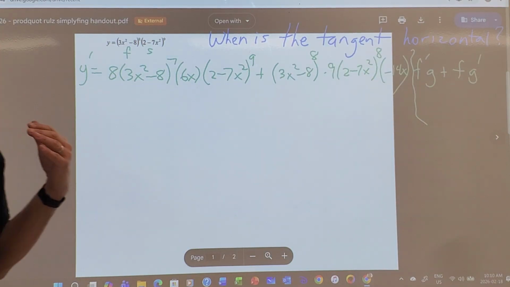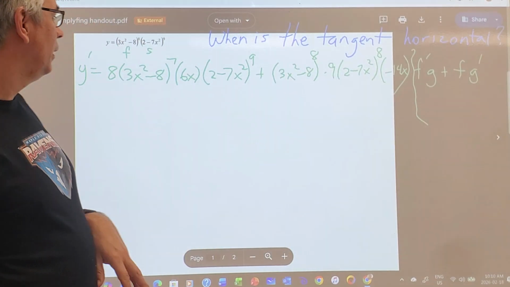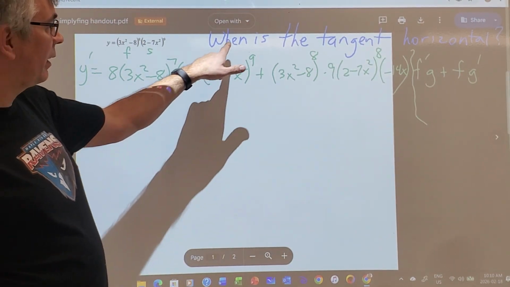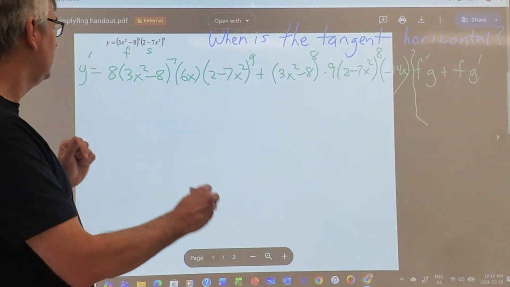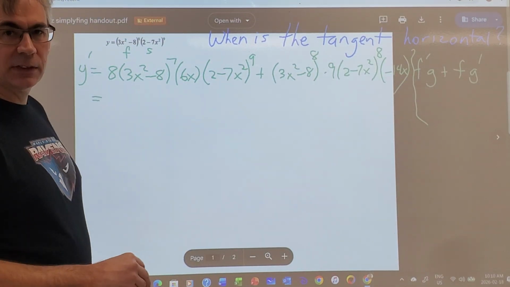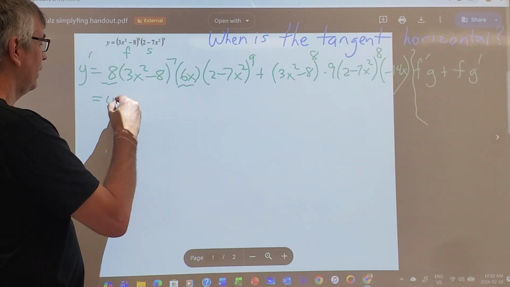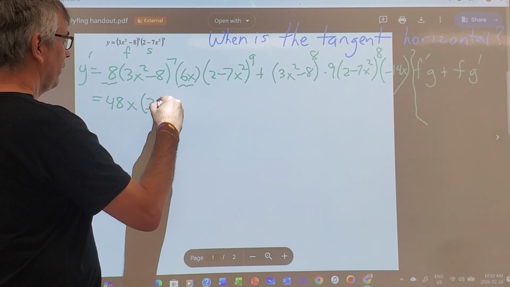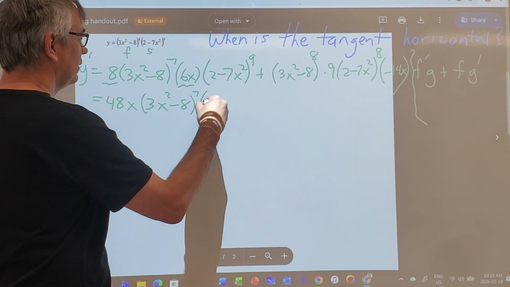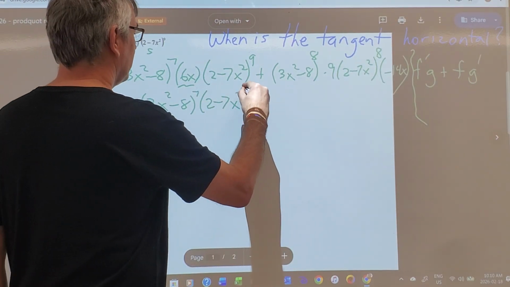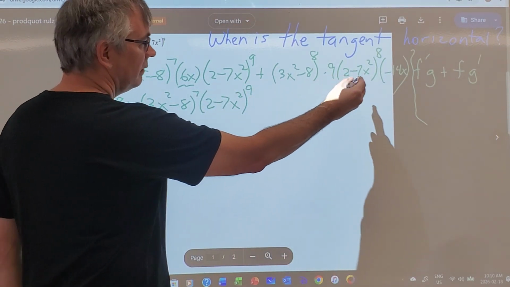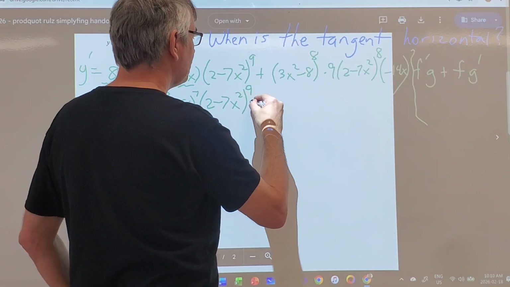So if someone just said do the derivative, you're done. But we're going to simplify this so that we can find out when the tangent's horizontal. So something I've suggested doing is to put together these monomial terms up at the front. 48x, 3x squared minus 8 to the 7, 2 minus 7x squared to the 9. Same here, 14 and 9.